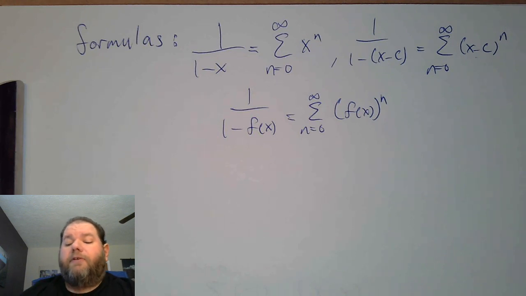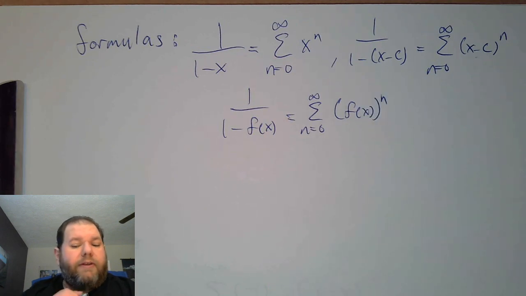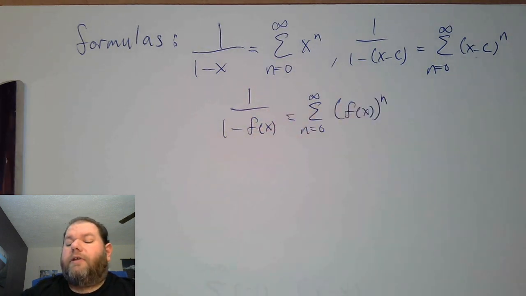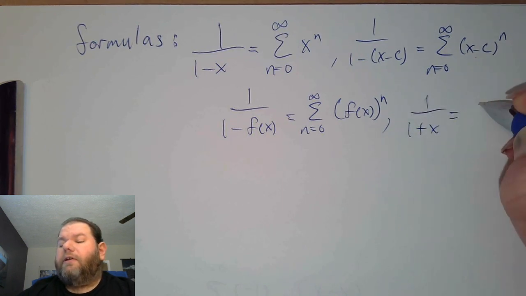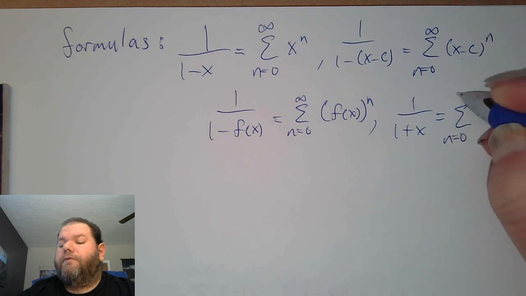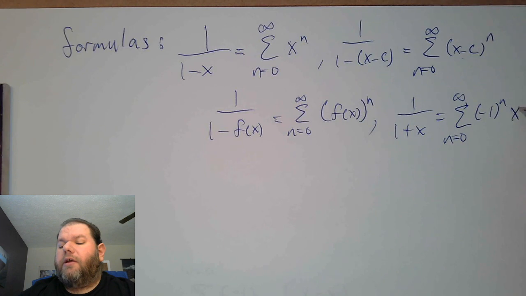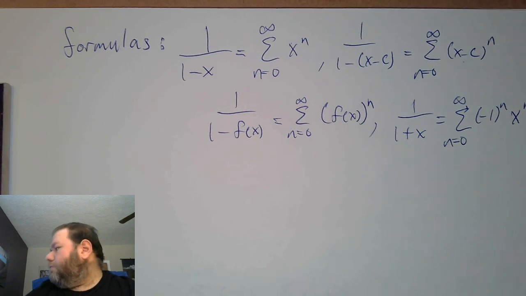And then if it happens to be a plus instead of a minus there, then we know it's alternating. And that's the other thing that we know, is that 1 over 1 plus x is the sum n equals 0 to infinity of negative 1 to the n x to the n. Okay?